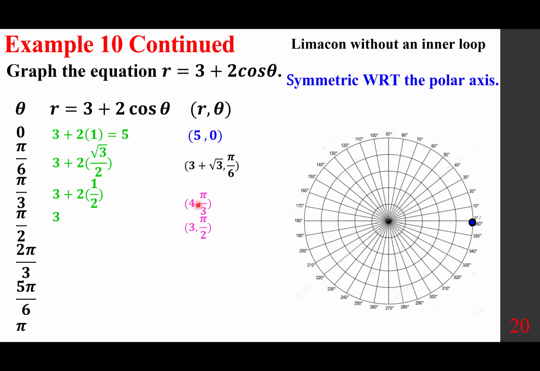I'm going to go with the easy ones. This one, because of the number 4: pi over 3. We're going to locate pi over 3, which is 60 degrees, sometimes they have it in degrees, and 4. 1, 2, 3, 4. The next one is pi over 2, or 90 degrees, and 3. So this one.